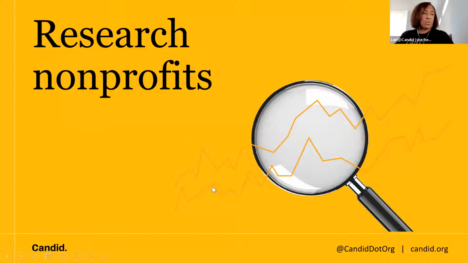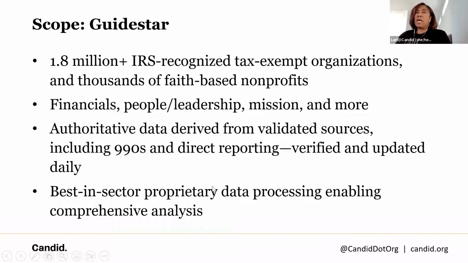So first of all, to research nonprofits. Okay, this is an outline of the scope of Guidestar. There are over 1.8 million organizations in there. Now note that this includes all 501c3, but also other tax exempt organizations. And it also includes private foundations, which are designated 501c3 by the IRS.